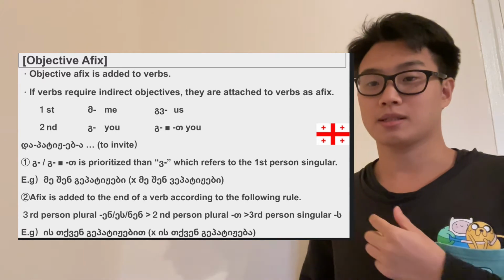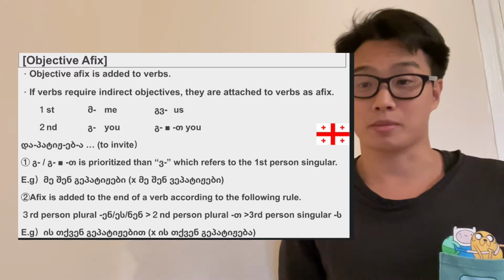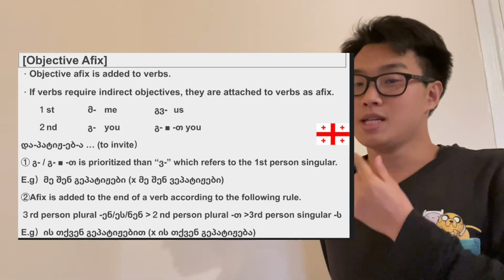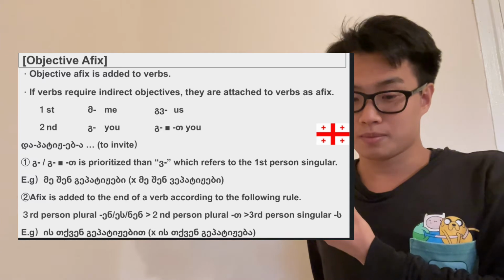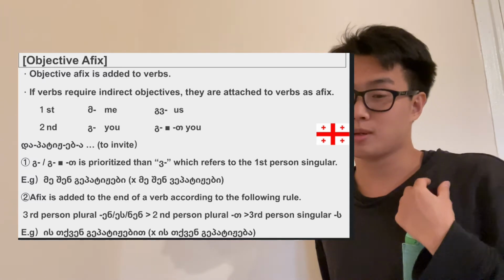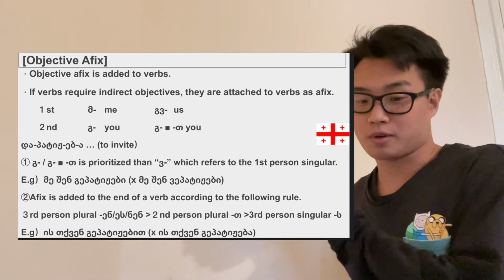They are affixes that are added to the verbs to refer to the object of the verbs. For example, if we use me, I'm going to use the actual verb here.